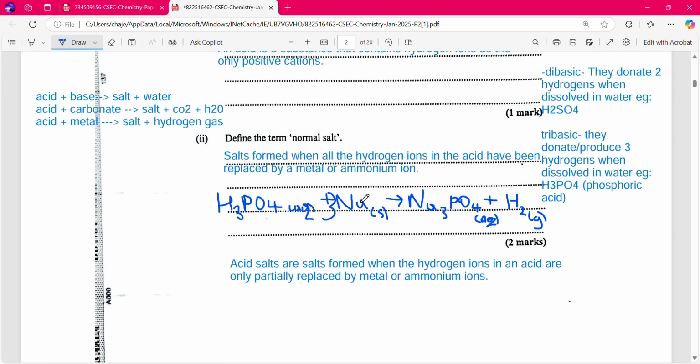A 2 before the H3PO4. Alright, let us try. So you have 2 there.